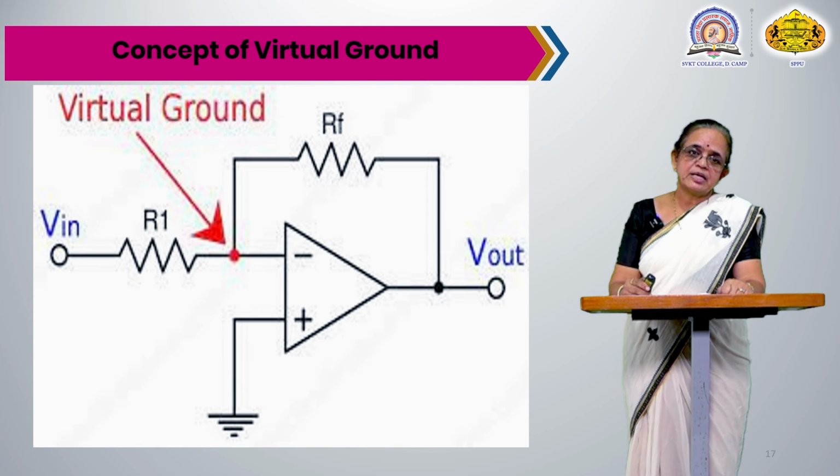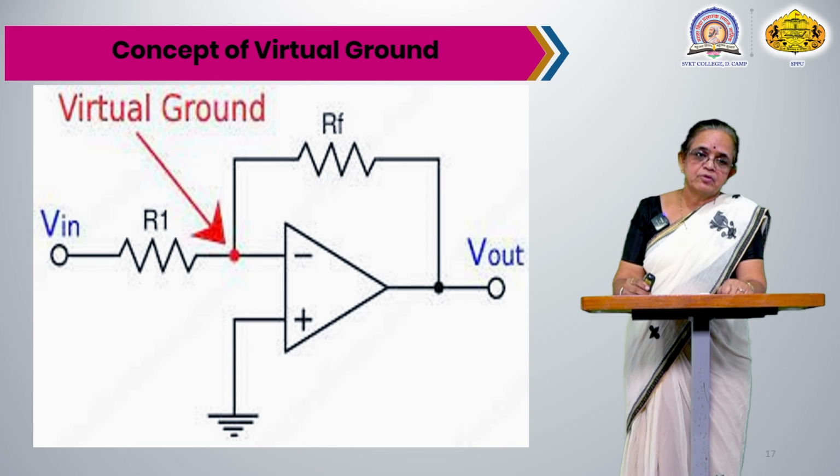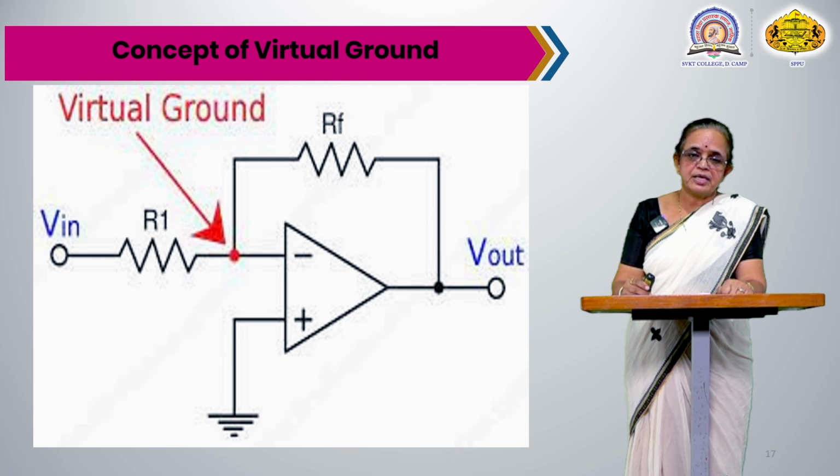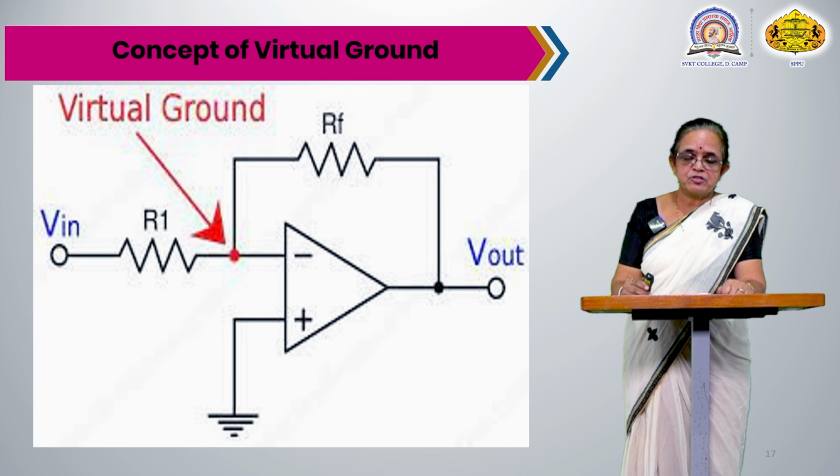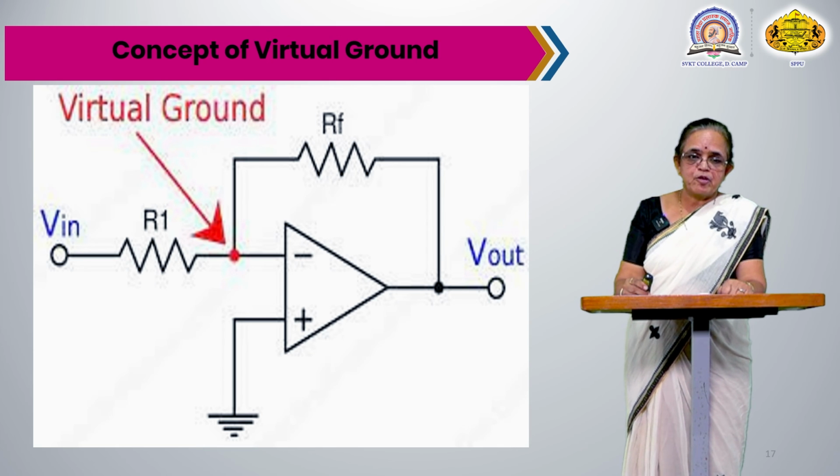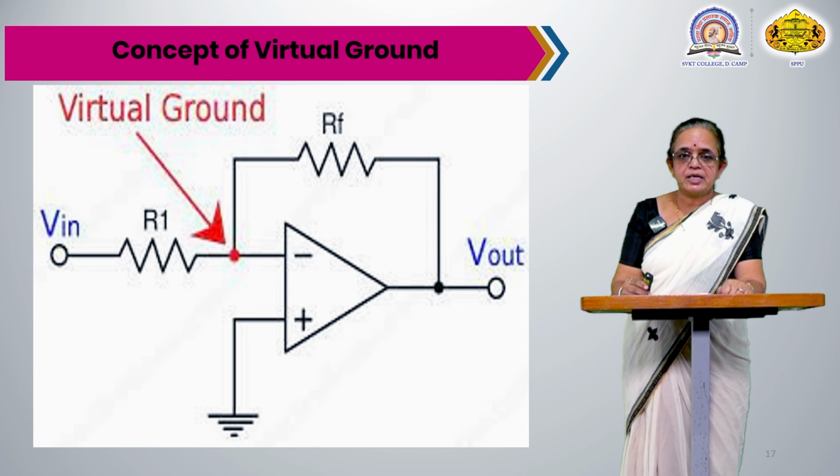Now there is a difference between virtual ground and actual, physical, real ground. Virtual ground is not physically connected to the ground, but real ground is physically connected to ground. The voltage at the virtual ground is approximately equal to 0, and the voltage at real ground is accurately 0.